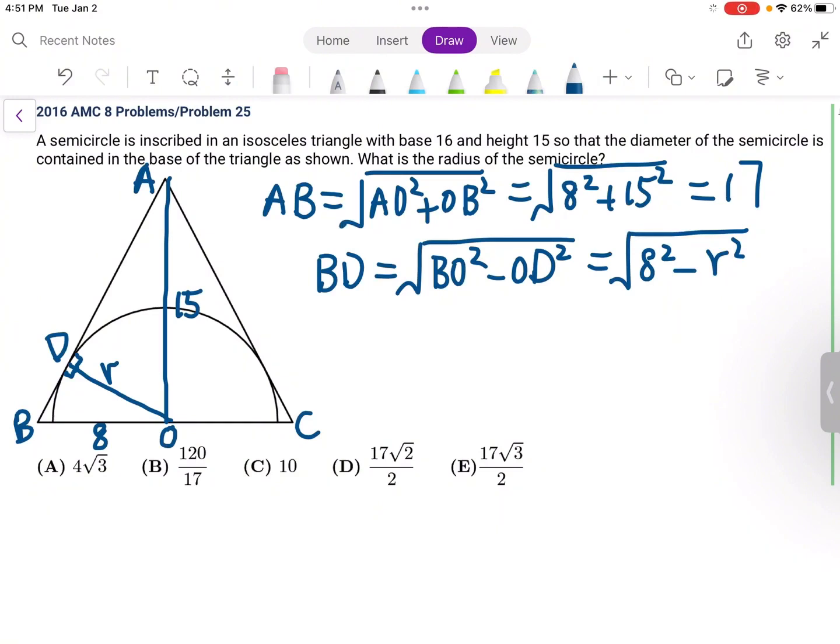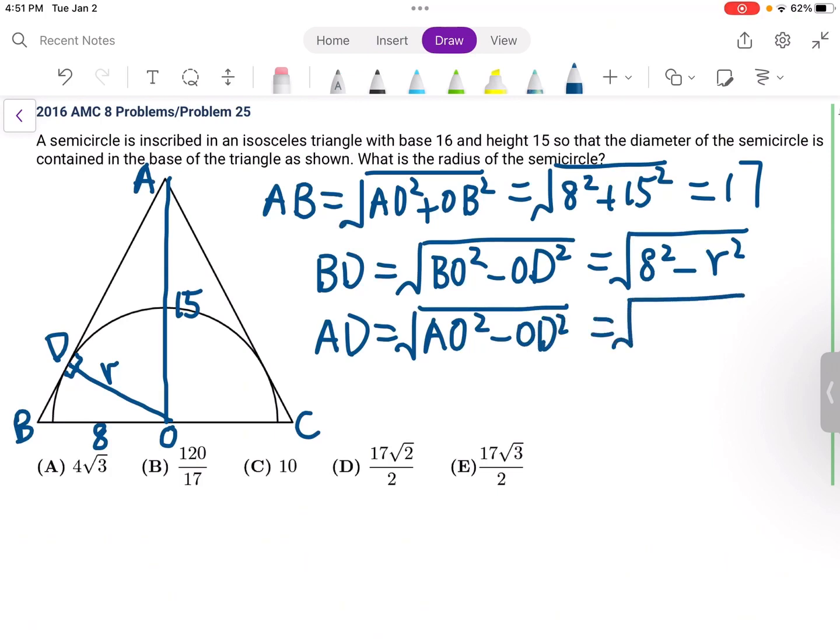And AD similarly equals the square root of AO square subtract OD square, which equals the square root of 15 square subtract R square.